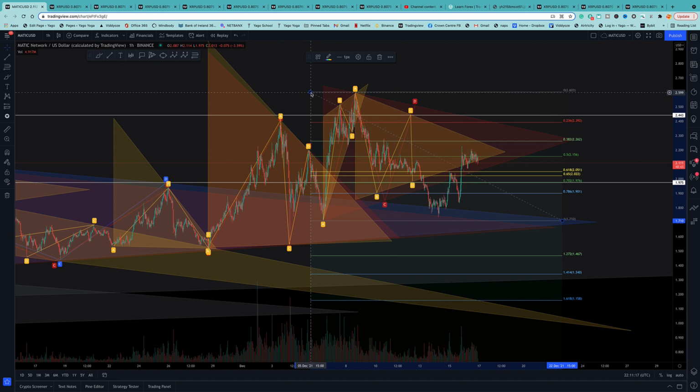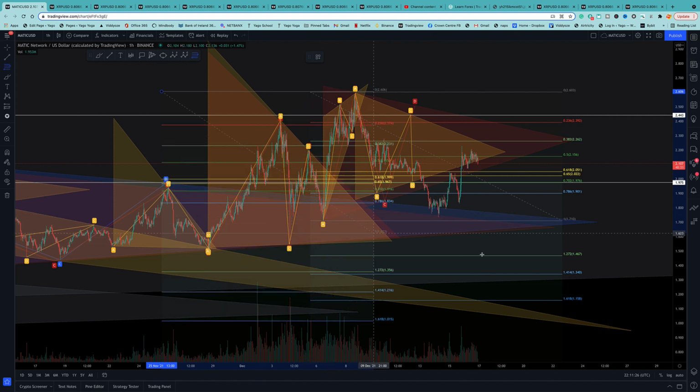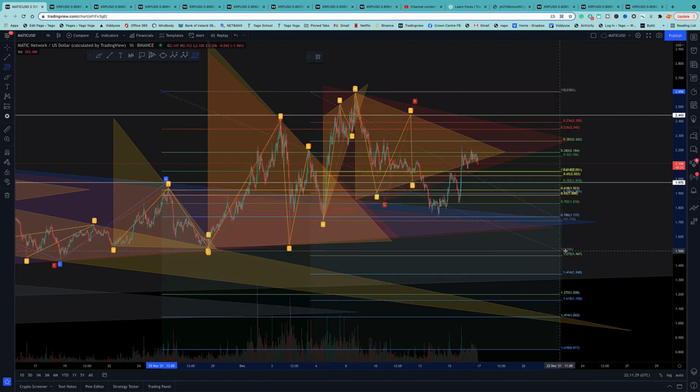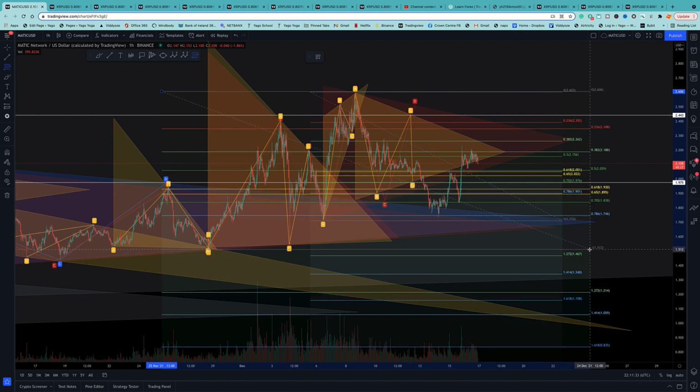So that was my thinking, where more appropriately it is from this top down to this bottom, down to here, was more appropriate.